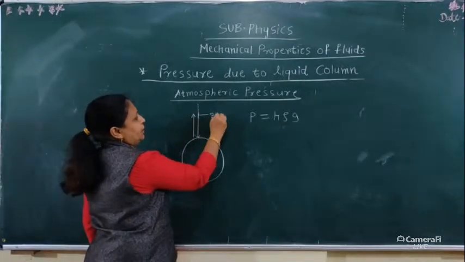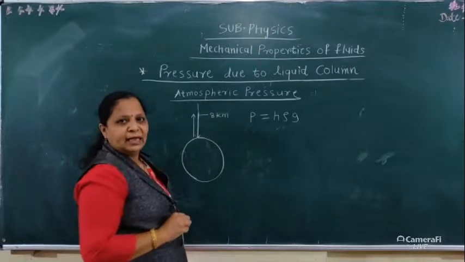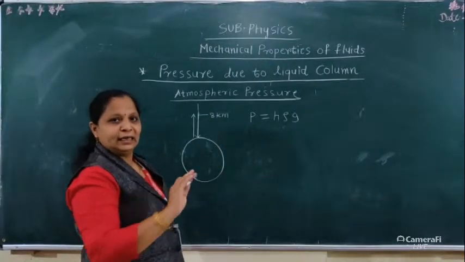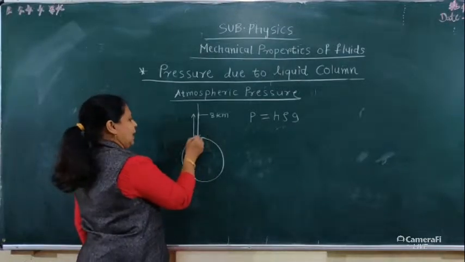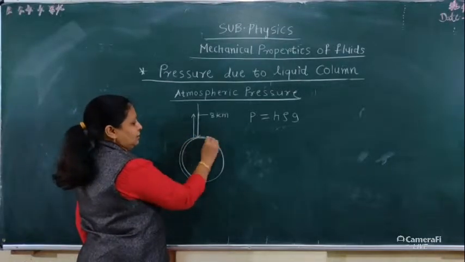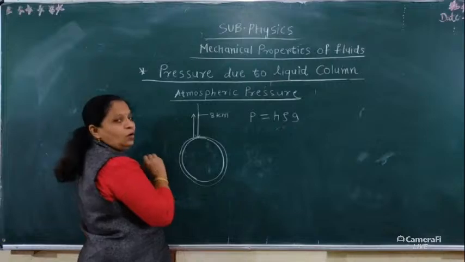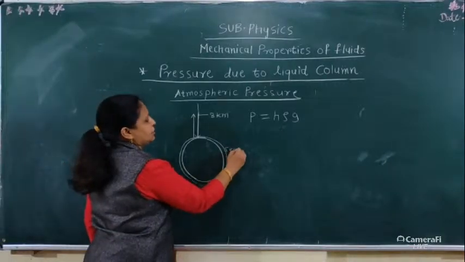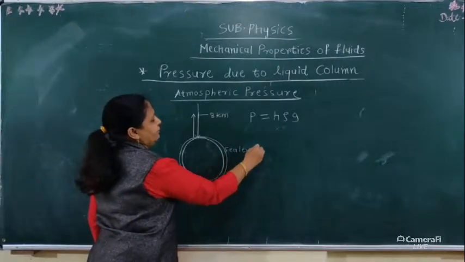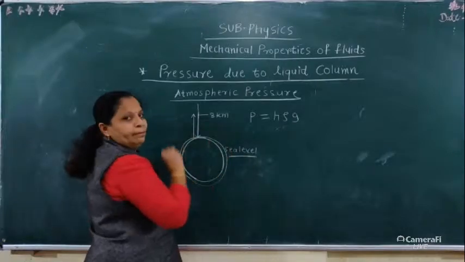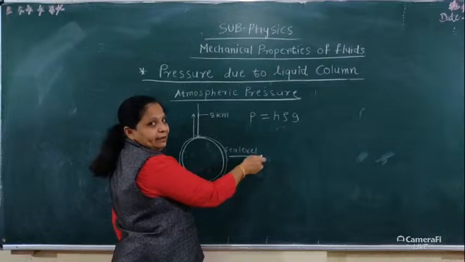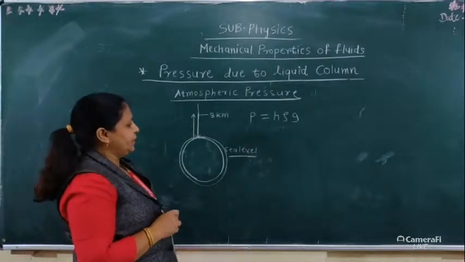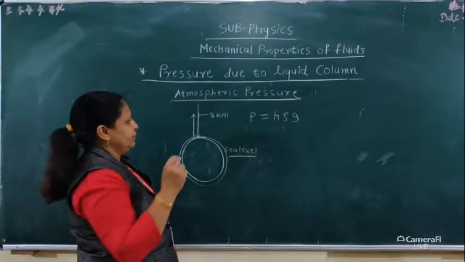Beyond 8 kilometers, the density of air is negligible. And the surface of the earth is also sea level. So we measure atmospheric pressure at sea level.